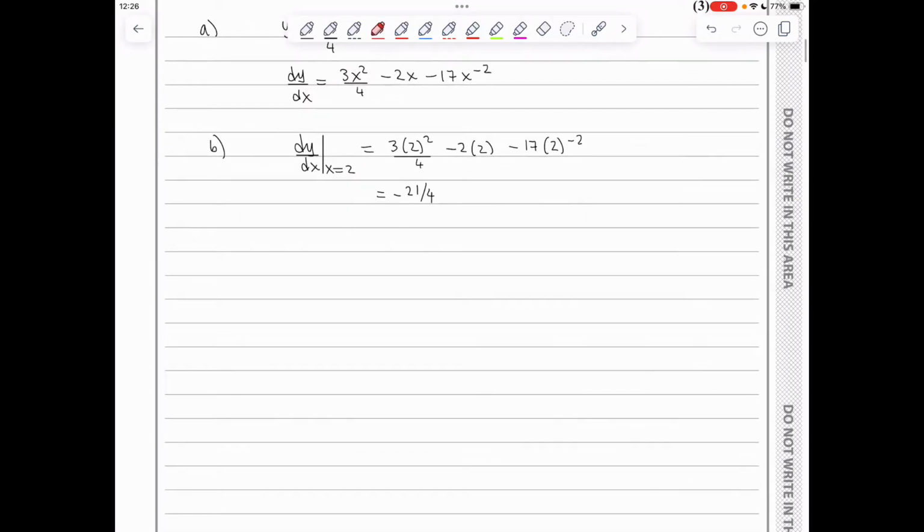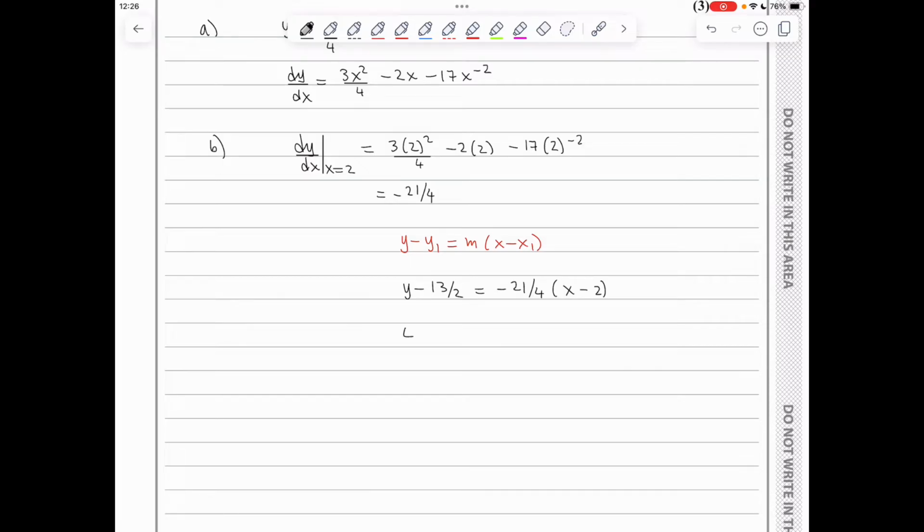So we can recall that for a straight line with gradient m passing through the point x1, y1, the equation of this line is given by y minus y1 is m times x minus x1, and therefore we've got that y minus 13 over 2 is equal to minus 21 over 4 times x minus 2. So we can start by multiplying throughout by 4.